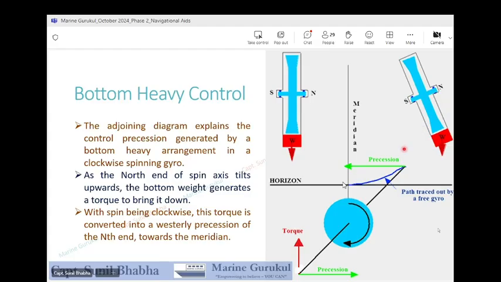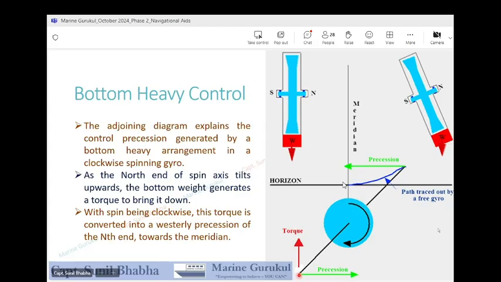Now you can have a look at the bottommost diagram. This is the south end of the spin axis where the laser pointer is right now. The weight is trying to push it upwards. The rotor has a clockwise spin. Because of the clockwise spin, the precession which is generated is in the easterly direction.